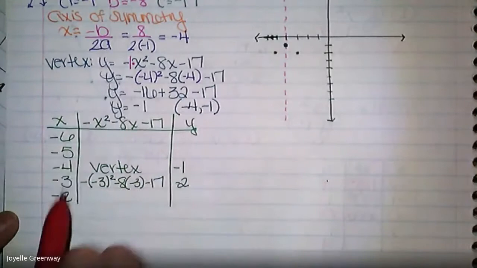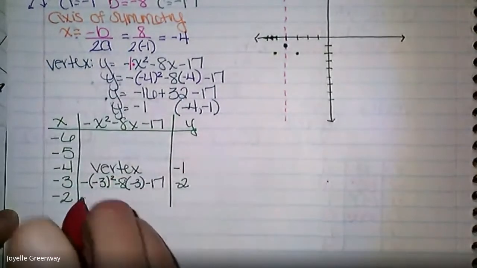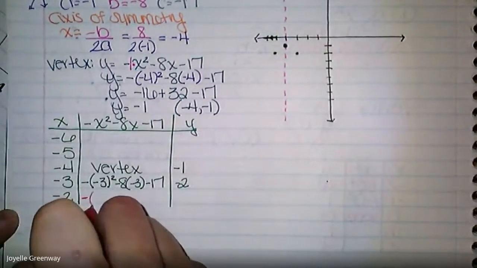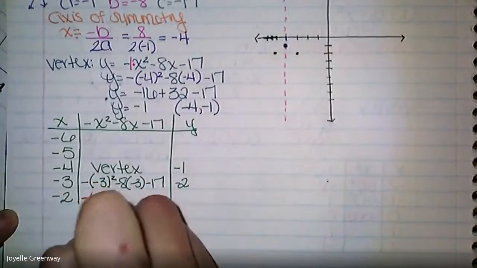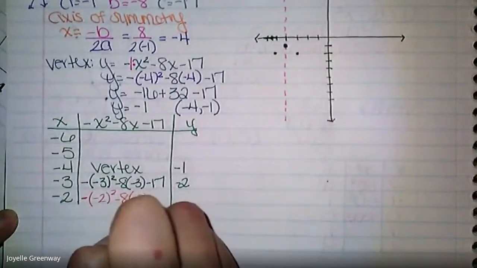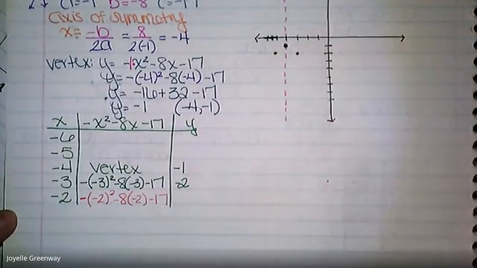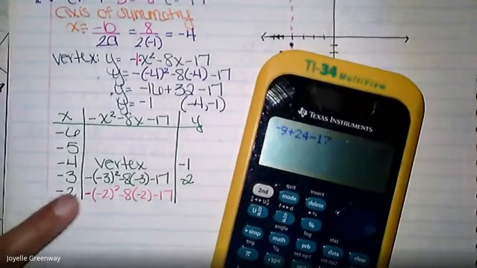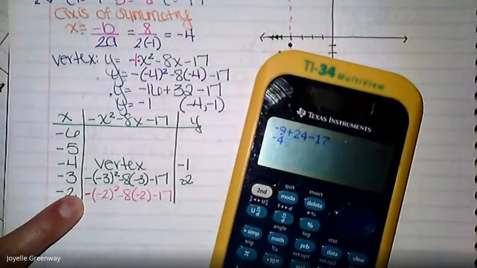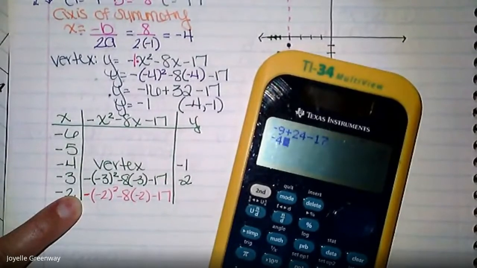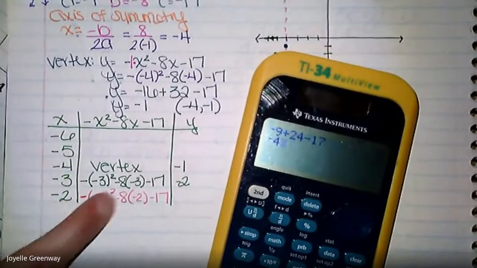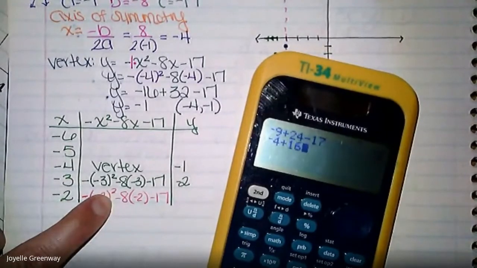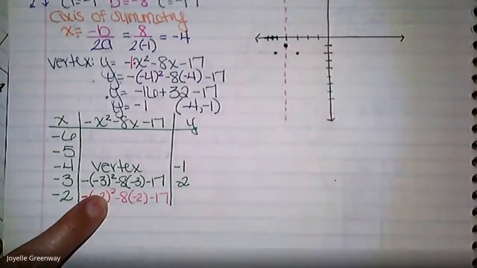All right, so now let's find out when it's negative 2. So negative 2 squared minus 8 times negative 2 minus 17. So negative 2 quantity squared is 4, but it's negative 4, plus 16 minus 17 is negative 5.